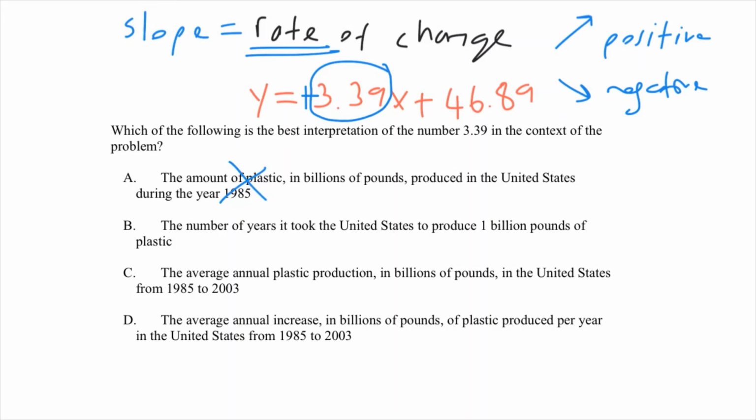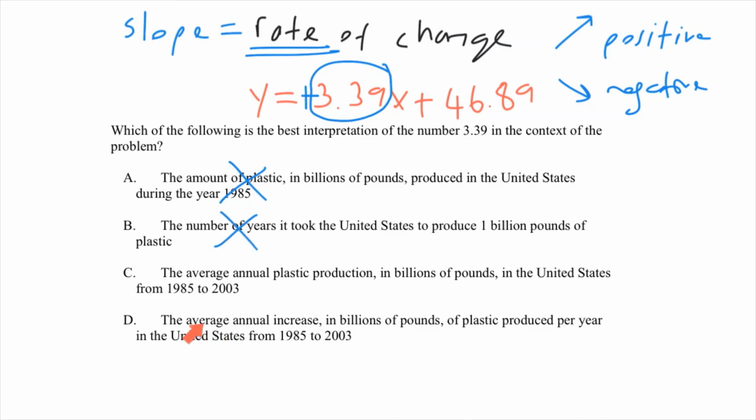For option B, the number of years it took the US to produce 1 billion pounds of plastic. This is a number of years. It's not about the rate of change. It doesn't tell me every 2 years or every 3 years. It's just a number of years, like 10. It doesn't tell me any rate of change. There should be a pattern, an increase, but I don't have it here. So B is not my possible answer.